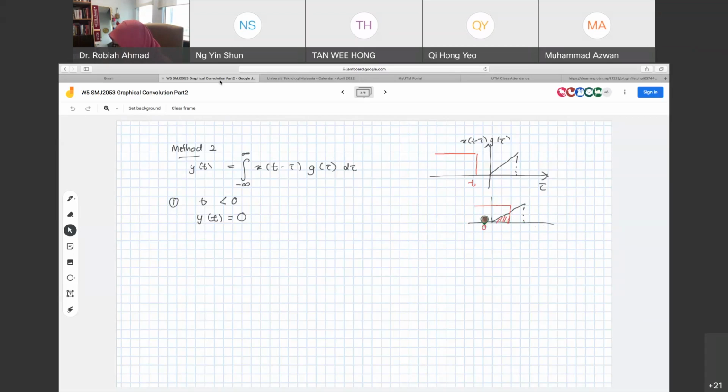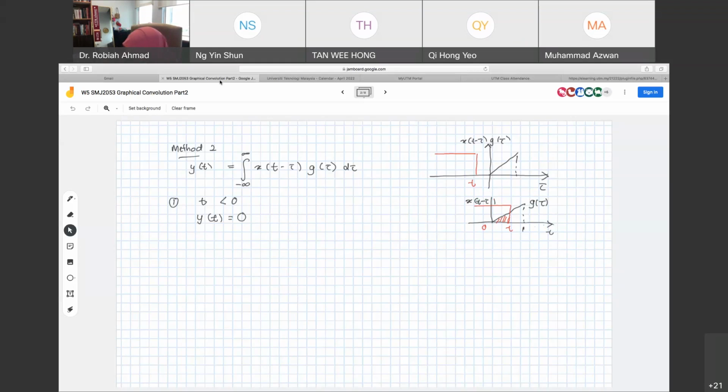And then the limit will be between 0 to t. This is g(tau), this is u, x(t minus tau).